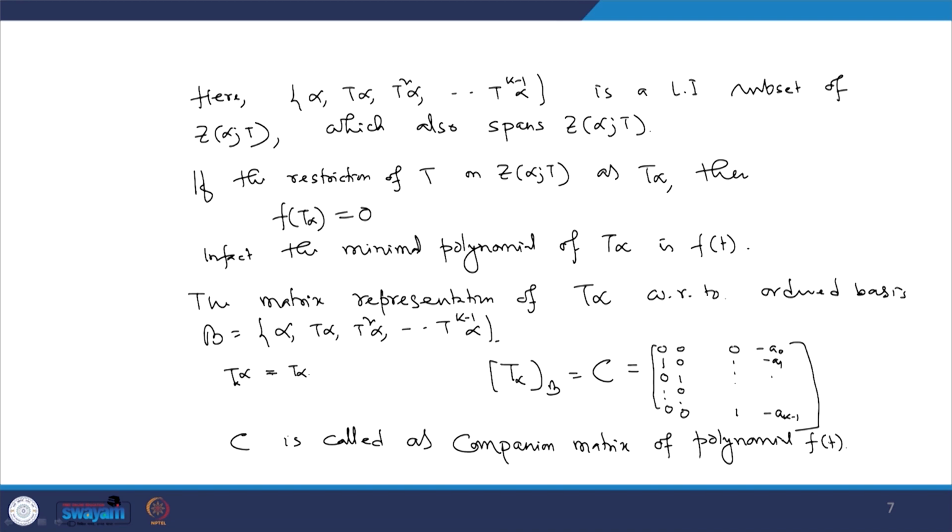So, the matrix representation here is basically the companion matrix of the polynomial f t alpha. So, we have seen that if I consider a non-zero element alpha and consider the collection of all g t alpha, then it is a subspace.